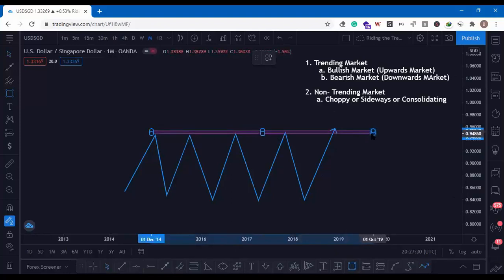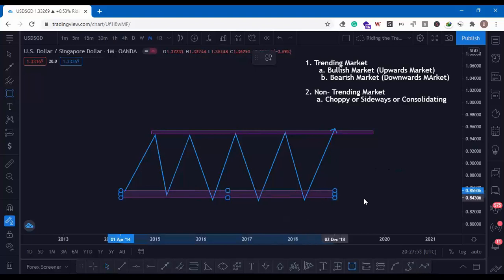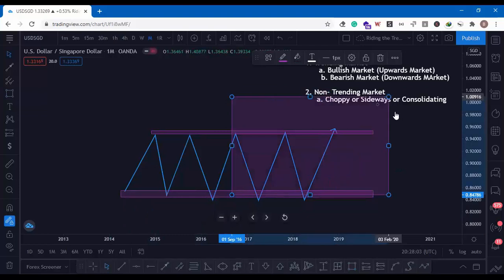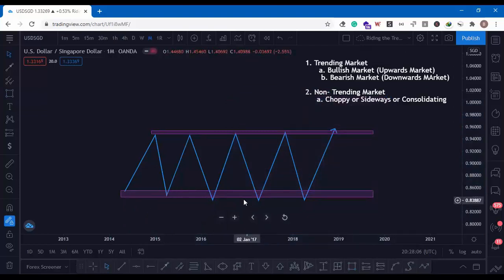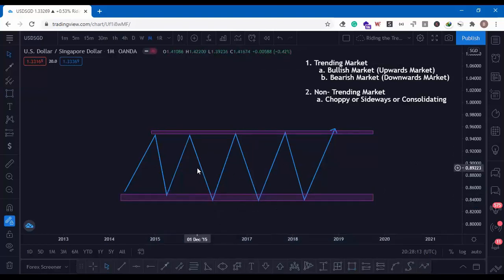You could see that price has two major points that it is going in between, and this is what we call a sideways market, choppy market, or consolidating.